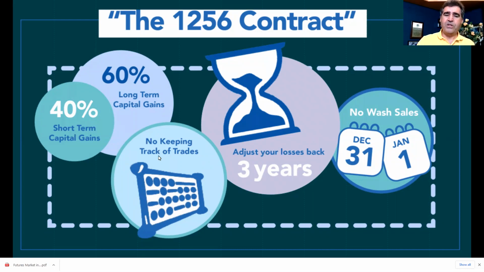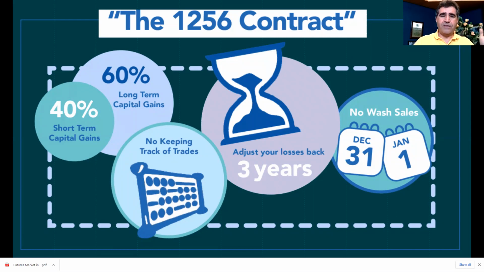The other good thing is you don't have to keep track of your trades. With stocks, as you know, you really have to go line by line. You do it on Schedule D, or you've got to write down when you bought it and when you sold it. With this, your broker, at the end of the year or the beginning of the following year, just sends you a 1099 that says this was your base, this was what you sold at, this is your total profit.